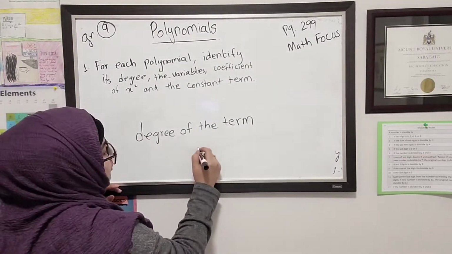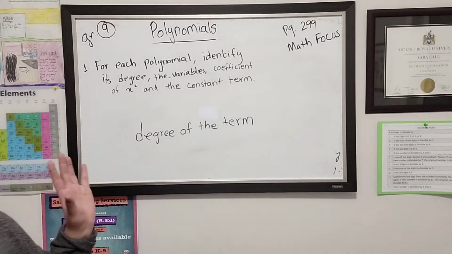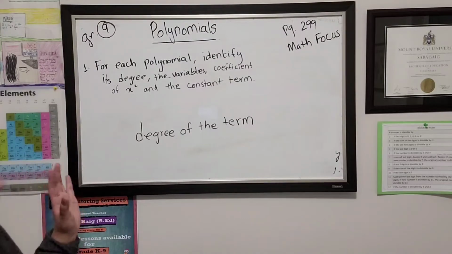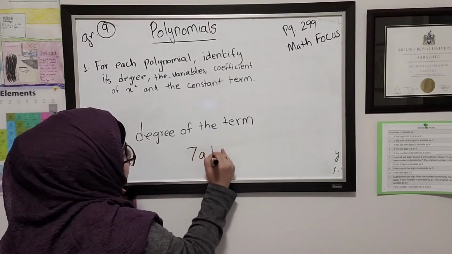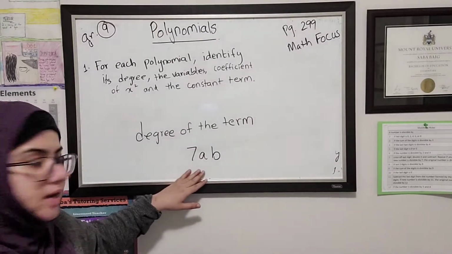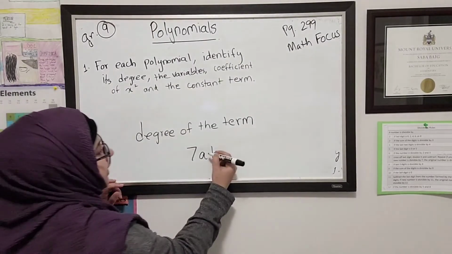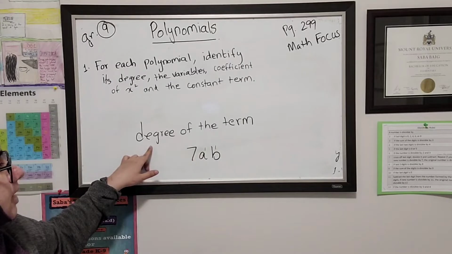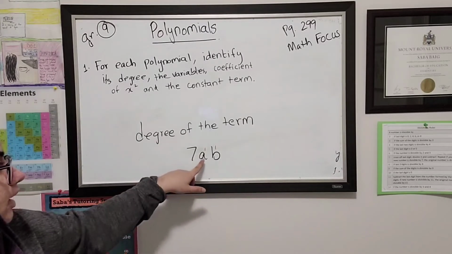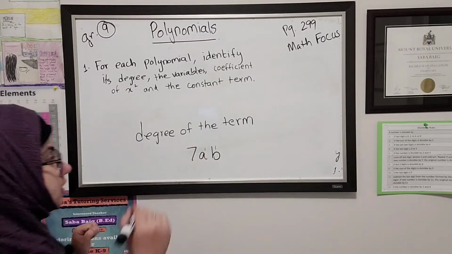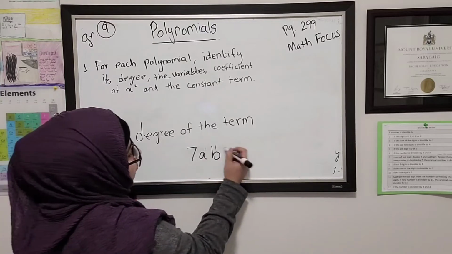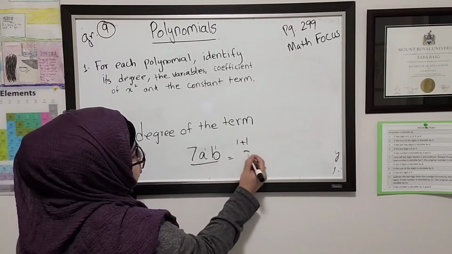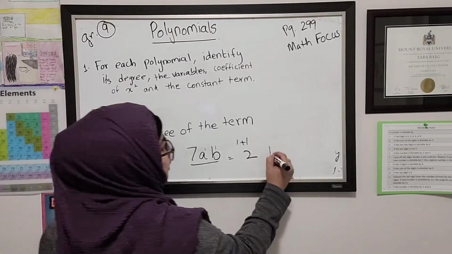For example, let's take 7ab. This is one term, right? And each variable has exponent 1 and 1. So you add 1 plus 1, and the degree of this term equals 2.